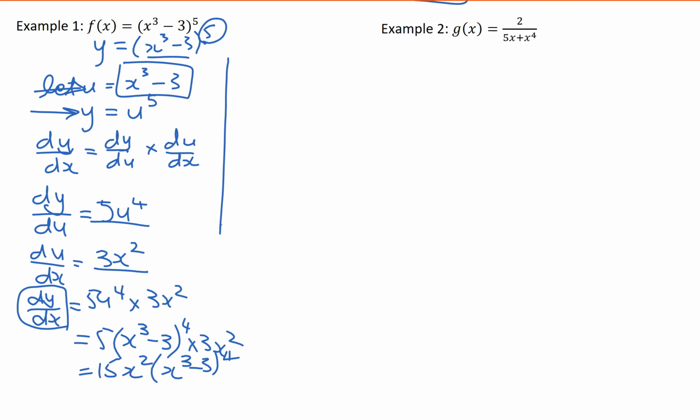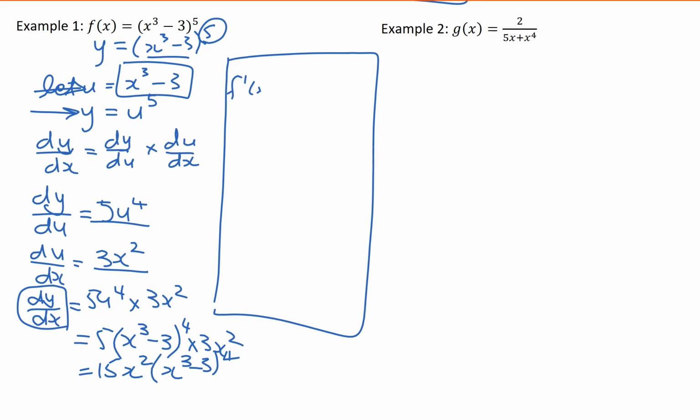What I would do, and probably what some of you might have done, is go f dash x is going to be 5 times x cubed minus 3 to the power of 4 times 3x squared. Differentiate the function, multiply by the derivative of the bracket. That gives you the same answer, but obviously 2 lines of work and 1 line of work. Happy with that? All right.